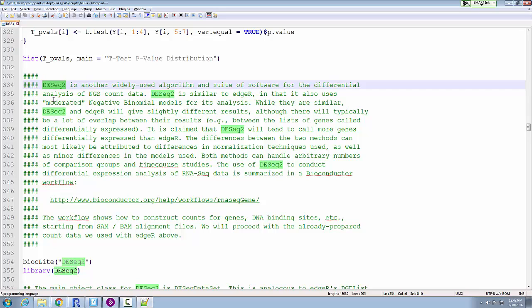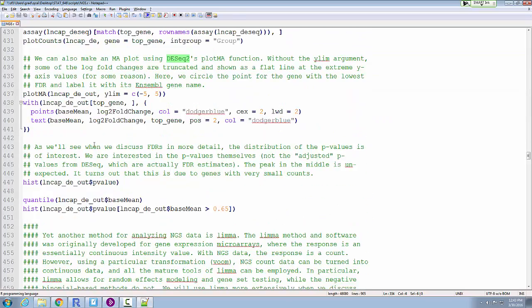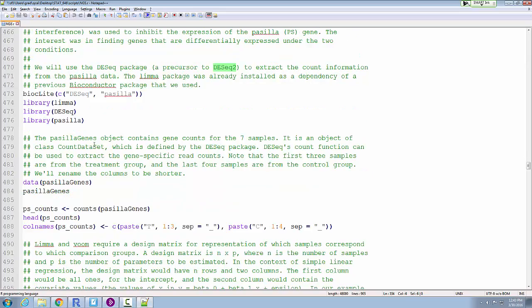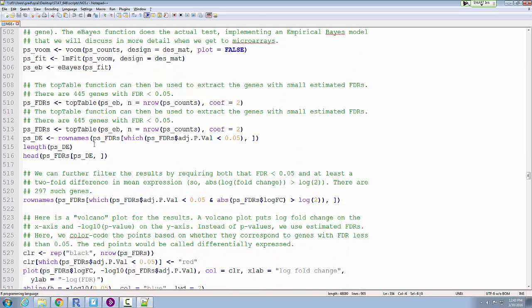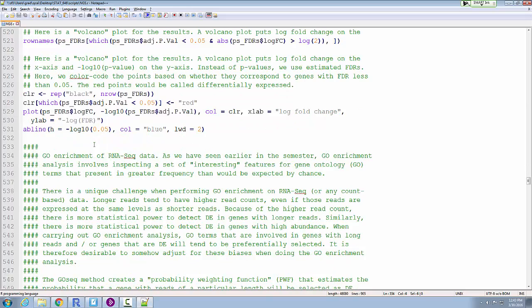There's edgeR, there's DESeq2, there's also that limma thing that I don't really recommend. But DESeq2 is a good tool for p-values and false discovery rates with next-gen sequencing data. So I'm going beyond that chunk of code, the edgeR, DESeq2, and limma stuff.